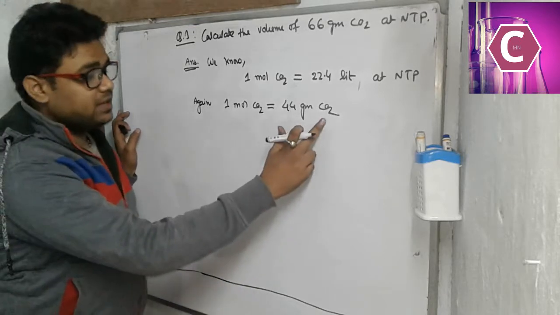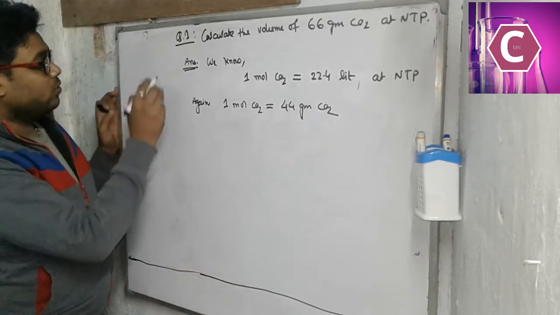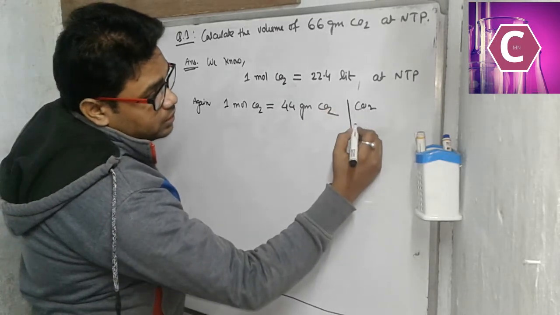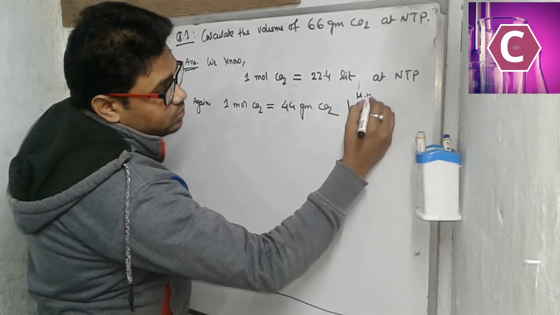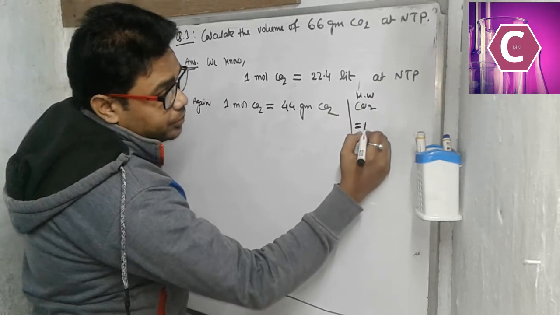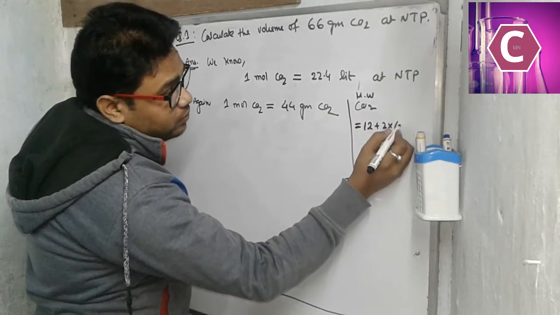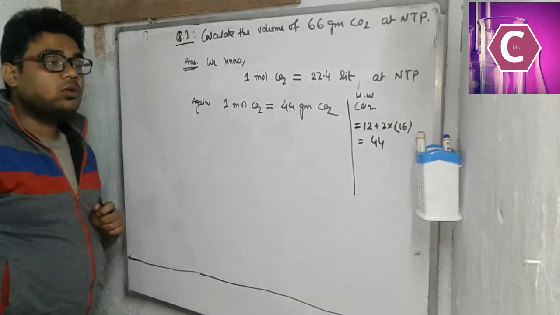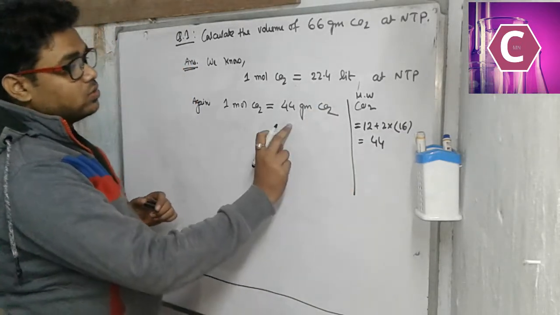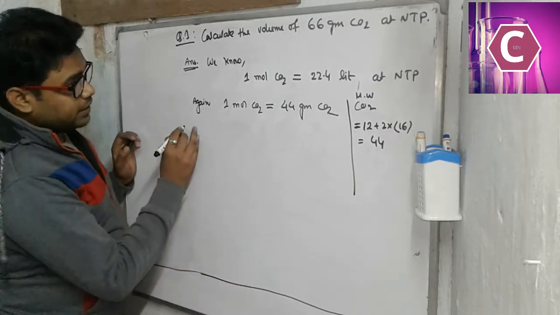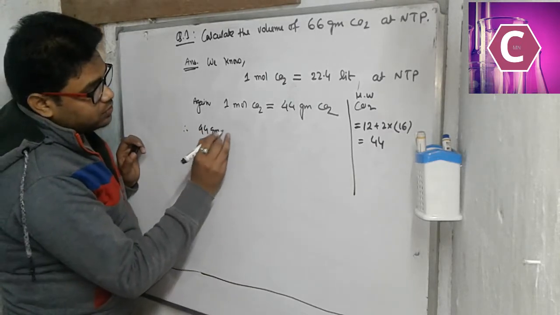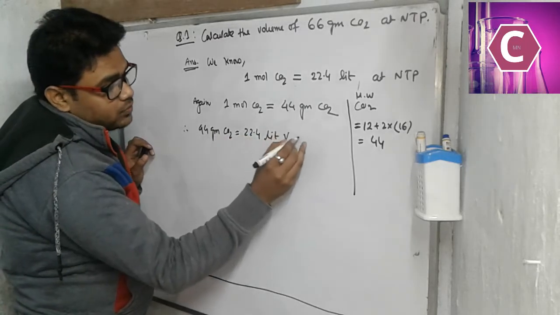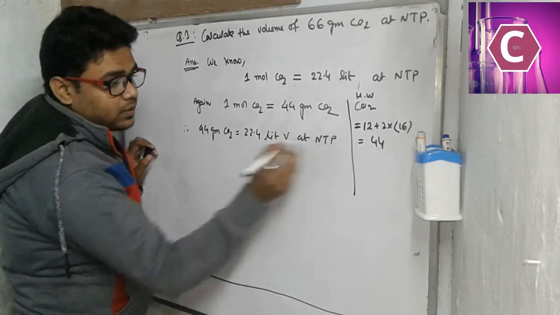The molecular weight of CO2 equals the atomic weight of carbon plus 2 into the atomic weight of oxygen, that is 16, and it is equal to 44. So the gram molecular weight of carbon dioxide is 44 gram. Okay, so we can write 44 gram CO2 has 22.4 liter volume at NTP.